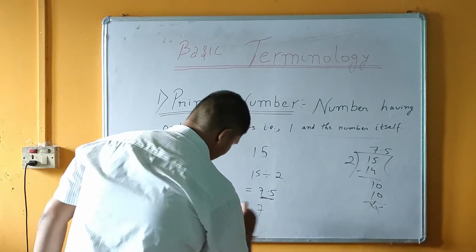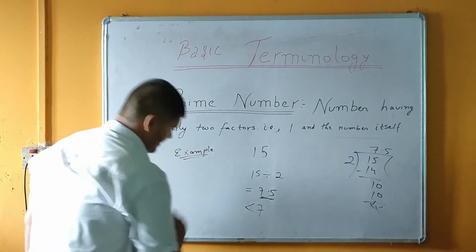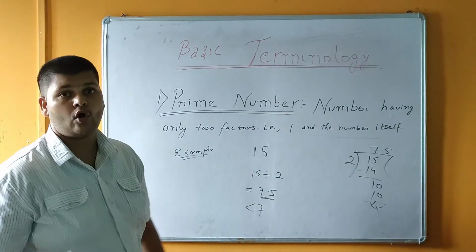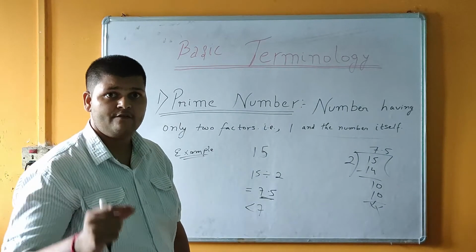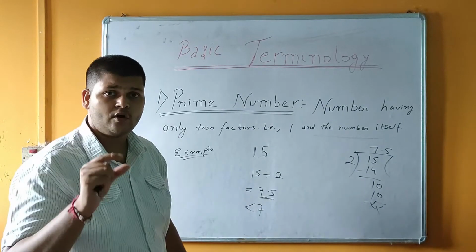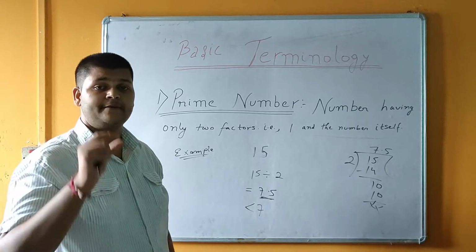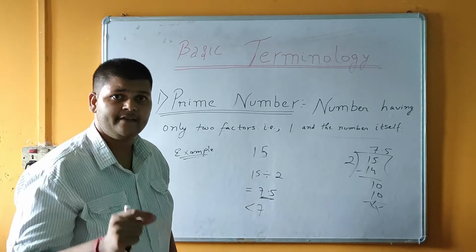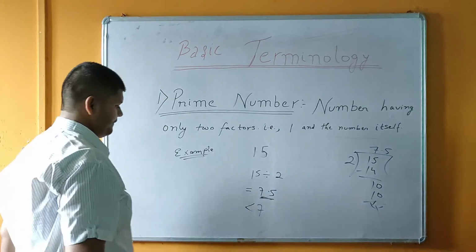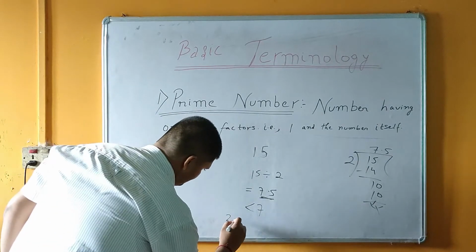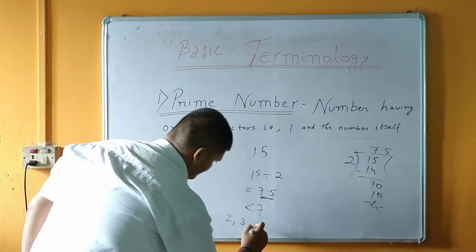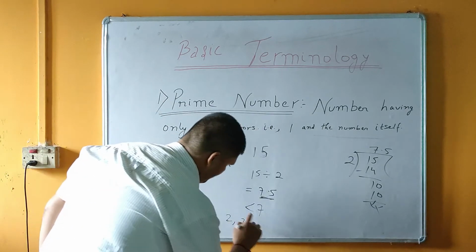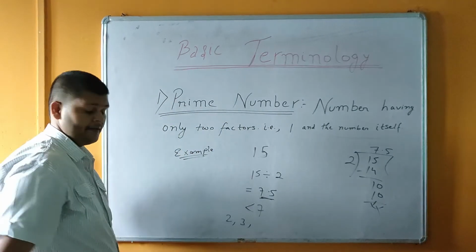Less than 7 we have to find out all the prime numbers. We know that prime numbers start from 2. If you don't know, note it down that prime numbers always begin from 2. I'm writing all the numbers which are less than 7.